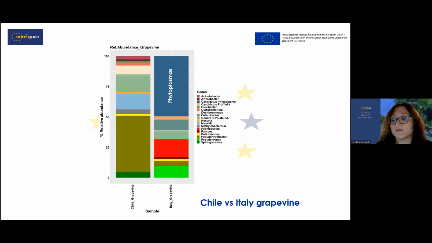And these were in agreement with the results that we obtained from the normal PCR amplification in the lab, where very few samples from Chile were positive for phytoplasma presence.